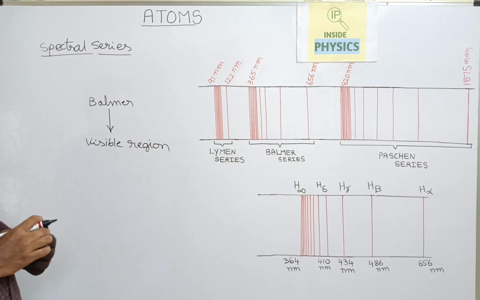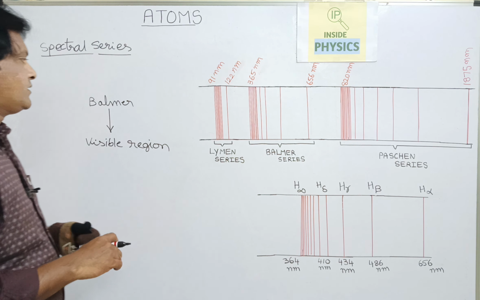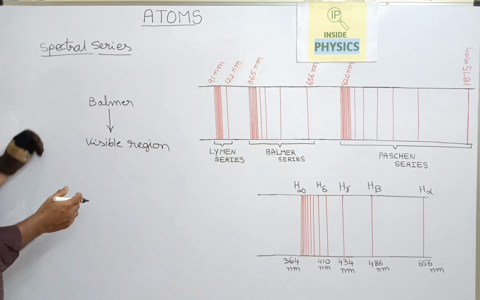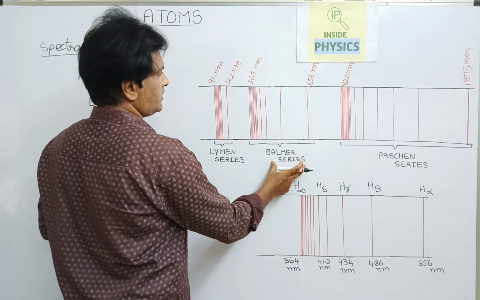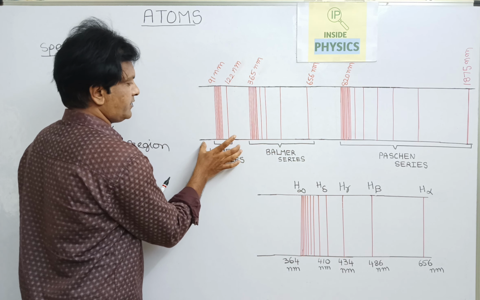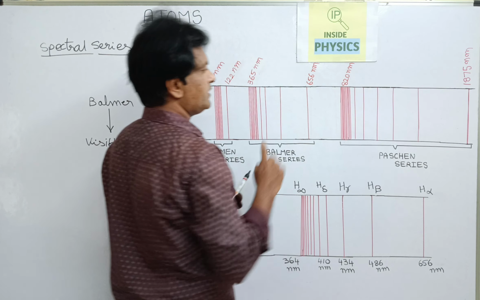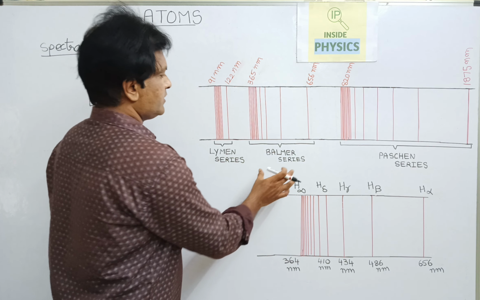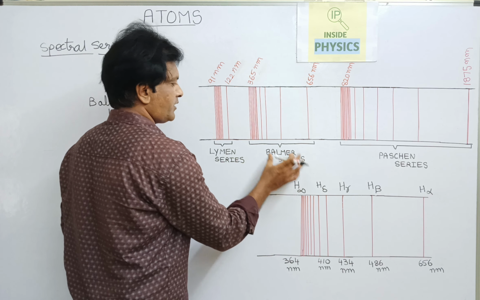To calculate the wavelengths of those spectral lines, he gave a simple empirical formula. Here you can see the Balmer series. Series is nothing but a set of lines. This is a series, this is a series, and this is a series. This was identified by Balmer, so it is called the Balmer series.